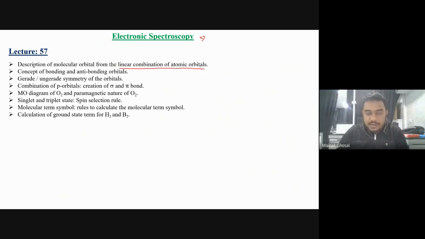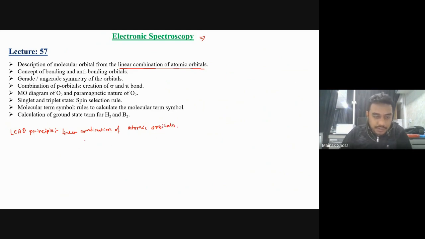Many of you have learned about this; it is called the LCAO principle, linear combination of atomic orbitals.